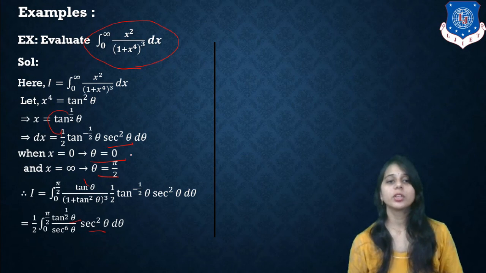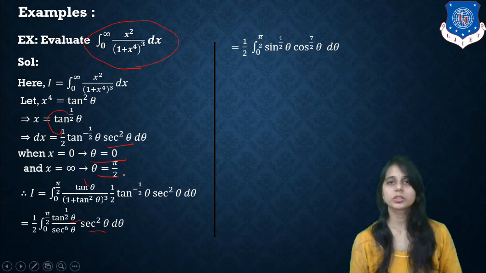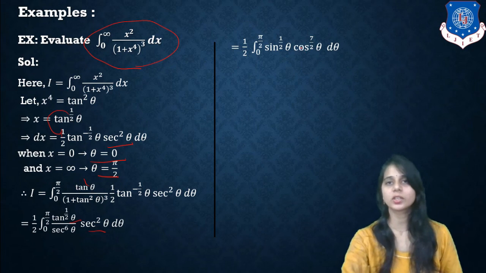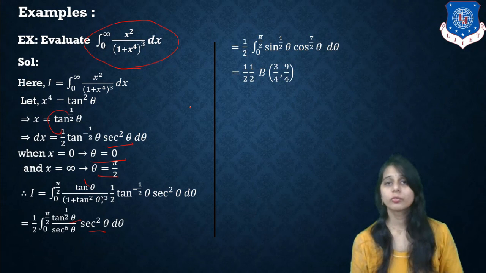So this thing we use trigonometric transformations, we get 1/2 sin raised to 1/2 theta cos raised to 7/2 theta. We say it is 1/2 beta 3/4, 9/4 in beta form. So using beta and gamma relation, 1/4 gamma 3/4 gamma 9/4 upon gamma 3.